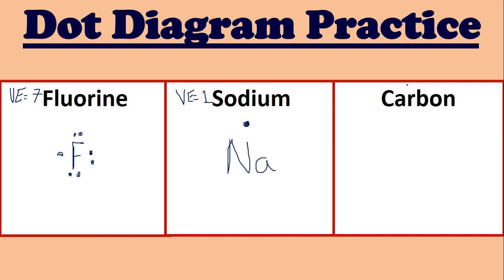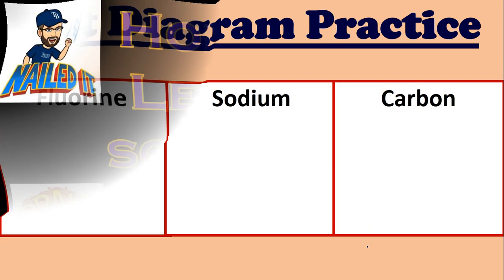And that's sodium. All right, carbon. How many valence electrons does carbon have? It has 4. Symbol for carbon is C. Then we do our 4 dots. 1, 2, 3, 4. And that is the dot diagram.